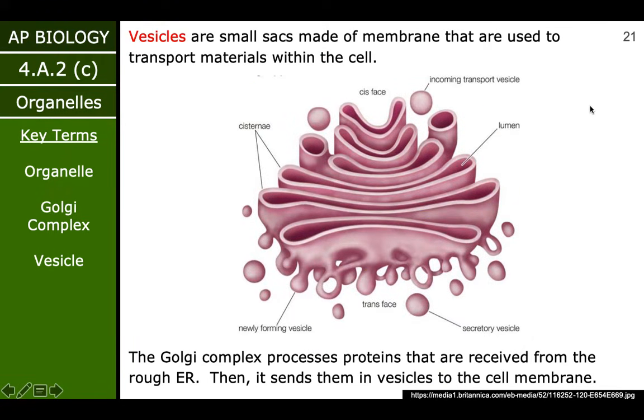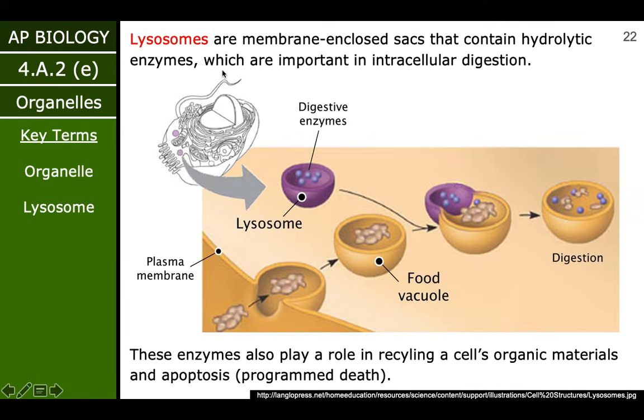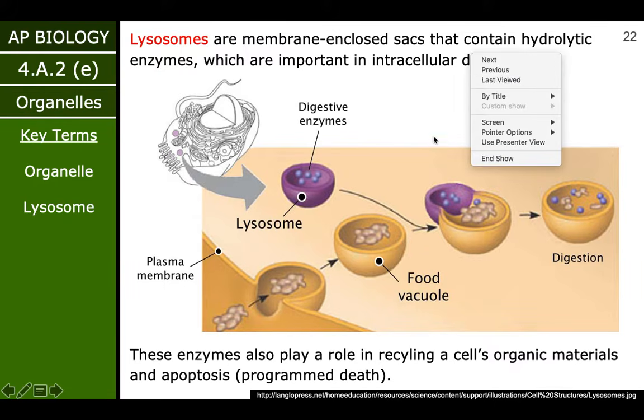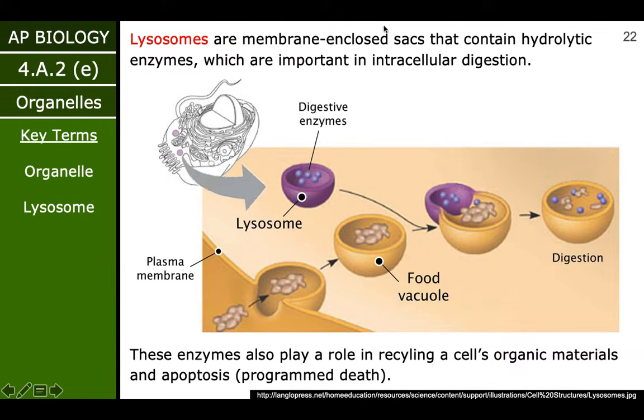Now, lysosomes, so this is the other thing that is made by the Golgi complex or the Golgi apparatus. Lysosomes are these little sacs, and they are going to contain hydrolytic enzymes. That sounds really fancy. All you need to know about it is that those are going to be used for digestion of things.